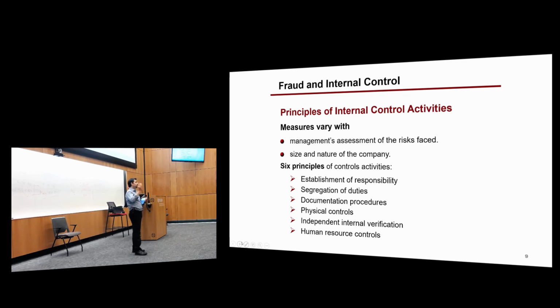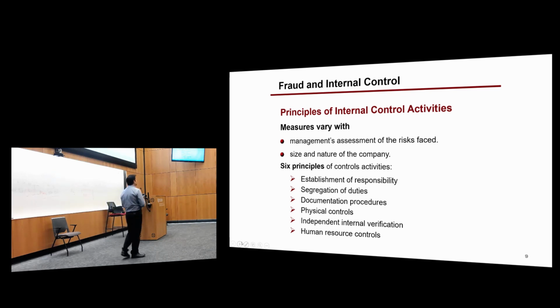Otherwise, I could put, for example, that I spent $10,000 for a trip to Philadelphia, and I'm approving it. No one is actually verifying the information that I'm putting in that request. If I approve it, it will be signed. So the person who initiates a certain transaction should not be the same person who approves that transaction. This is what we call segregation of duty.